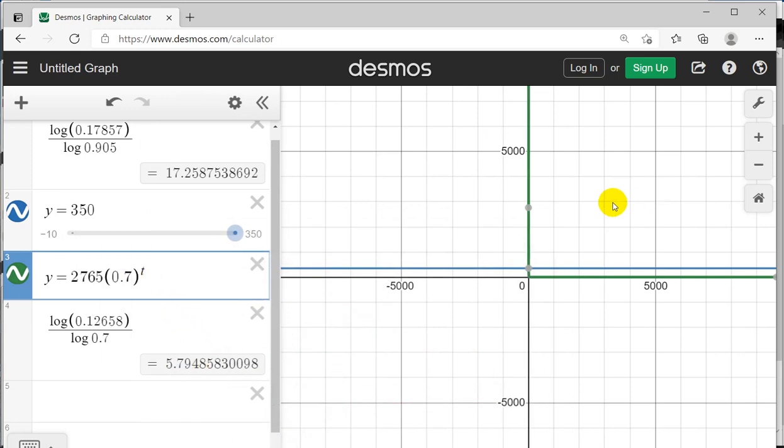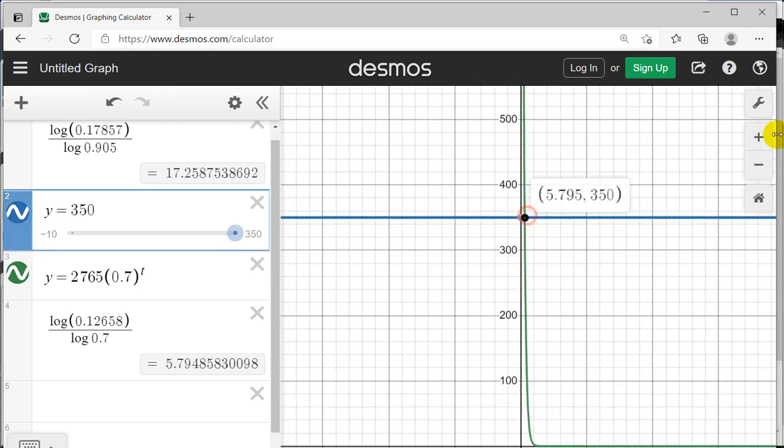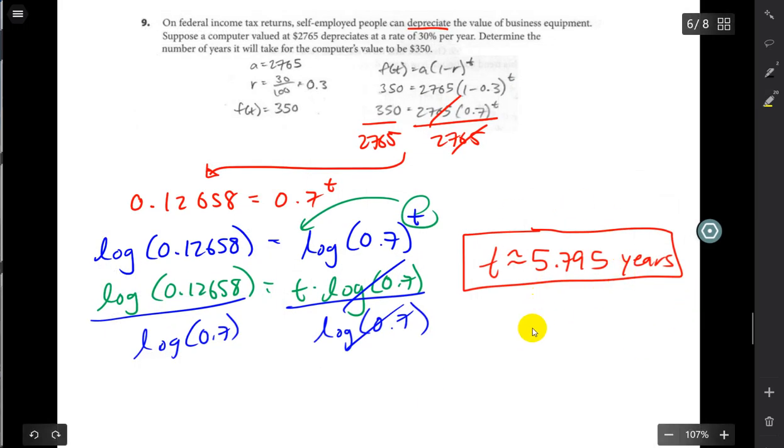There we go. Okay, so we look for our intersection point, 5.795. And would you look at that? That's exactly what we got there. So, all a matter of preference, whatever you decide to do.